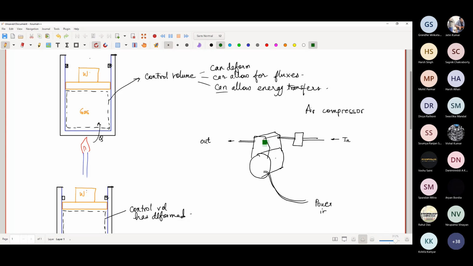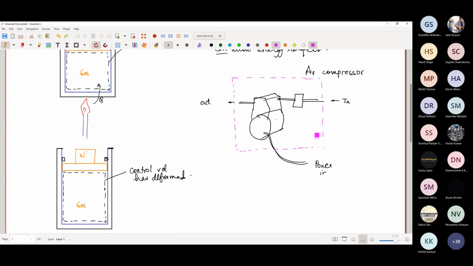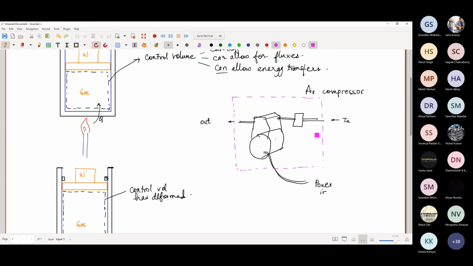All right, so now when we want to analyze this air compressor, what is more convenient for us to do? It is more convenient for us to define a boundary like this. So once you've drawn this boundary, you try to forget about everything else.